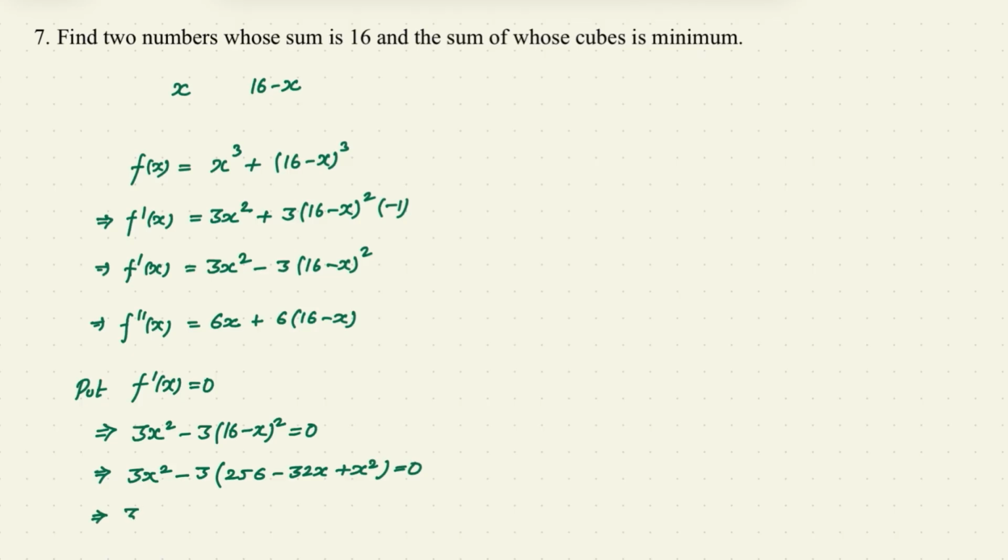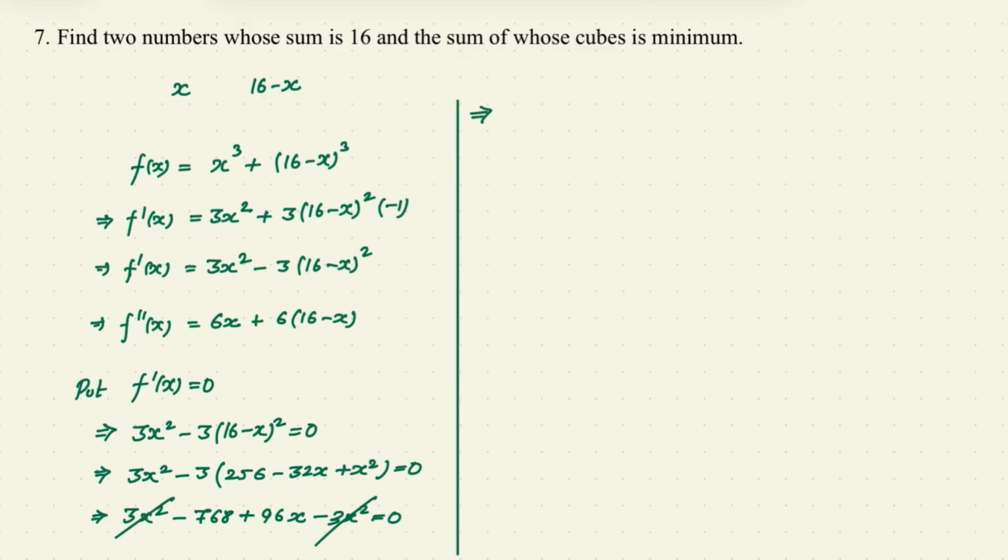So I'll have 3x square minus 768 plus 96x minus 3x square equals to 0. So here 3x square and 3x square got cancelled. So I'll have minus 768 plus 96x equals to 0, and on simplifying I'll get 96x equals to 768, and this implies x equals to 8.